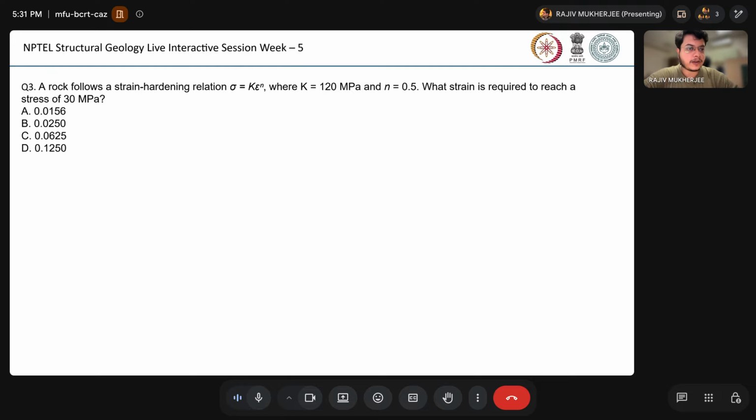The formula is already given. You will just need to do some algebraic manipulation, calculate the value of epsilon, the strain, and match with the given options. So I will pause for a minute and let you solve this numerical problem, and then we will discuss in detail.